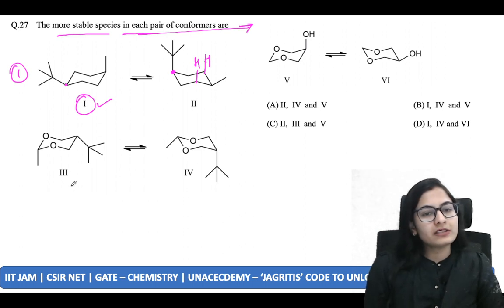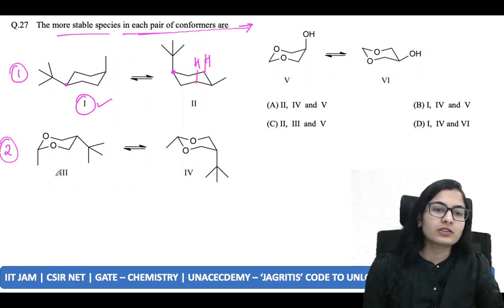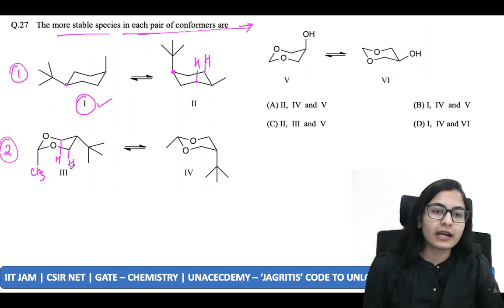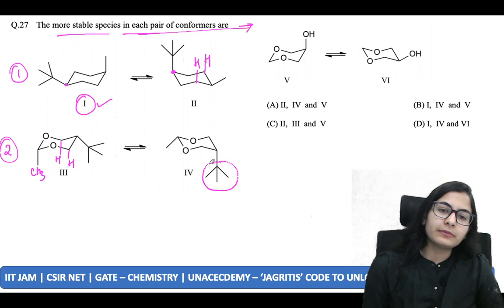Now, what happens in option number 2, example 2 over here, 3 or 4, which is more stable? Now, this has been asked in your GATE exam. In option number 3, your methyl is actually causing repulsion with these two hydrogens. And in option number 4, you don't have a hydrogen because there is an oxygen. So I would say that okay, you can keep the tertiary butyl group on the axial position.